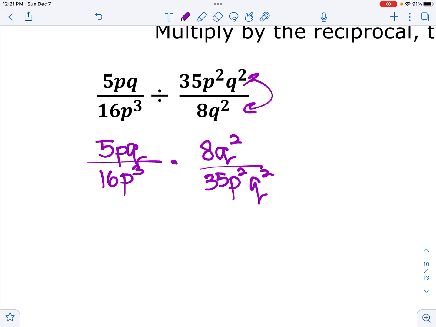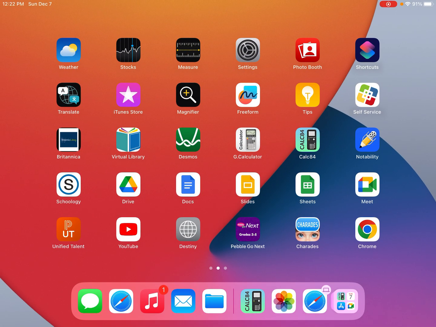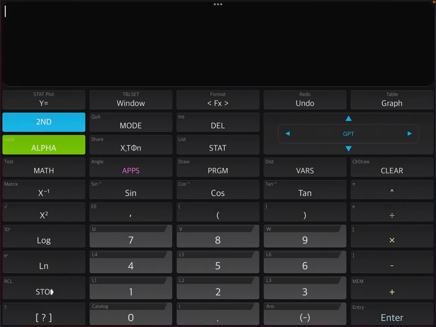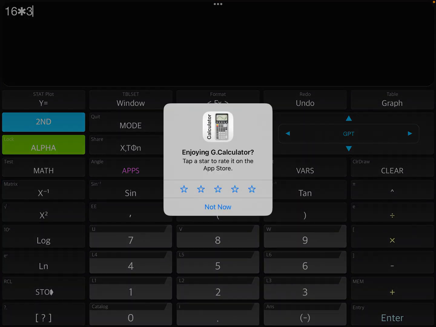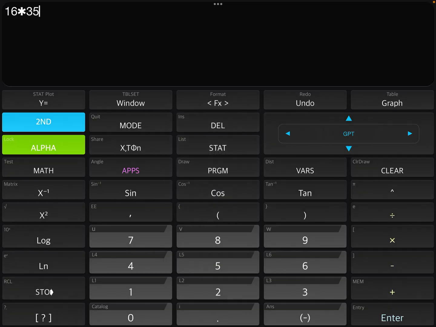Okay. There are other ways to do this, but we'll just stick with this. Okay, and then you're going to go, well, 16 times 35. Oh boy, right? So 16 times 35, whoops, is 560.